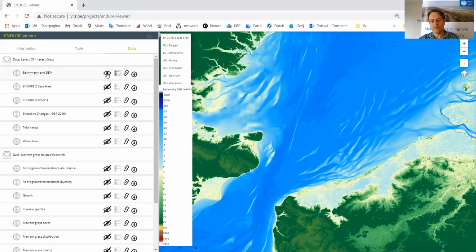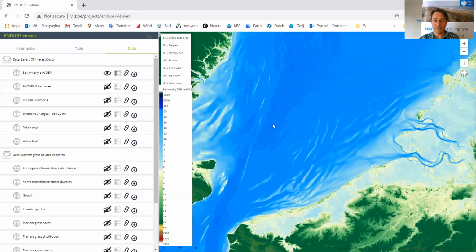Obviously, we don't want to display all the layers because then the picture becomes very crowded and it's very difficult to see something. So it's better if you push one at a time. Then we have also a small icon here, a small arrow, which allows the user to download the data that he or she might find interesting.